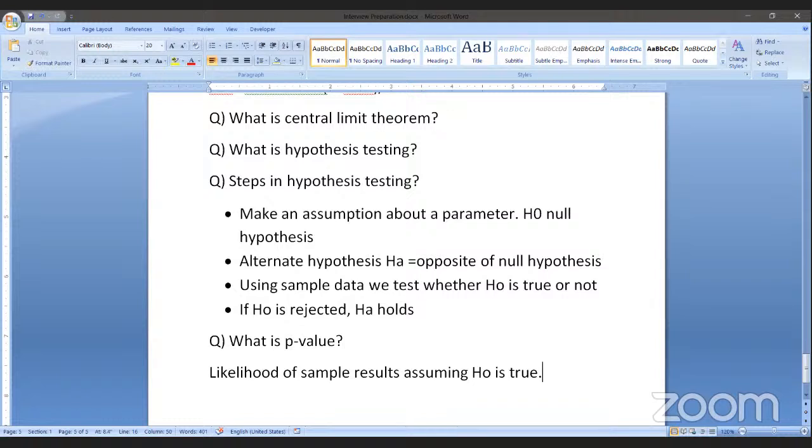So if lesser is the p-value, means if p-value is less, we can reject the null hypothesis.